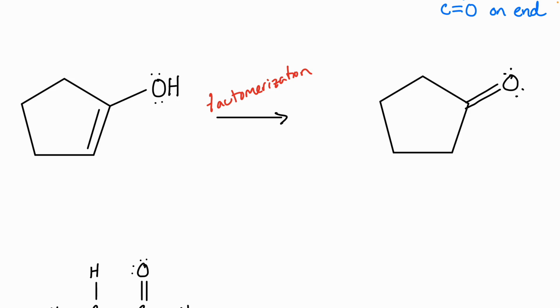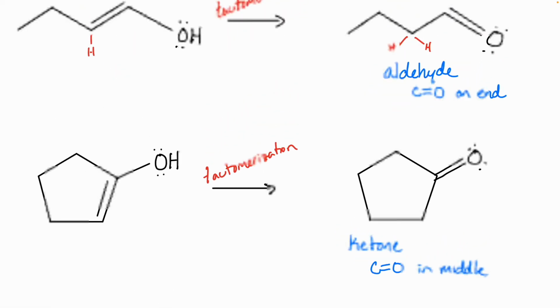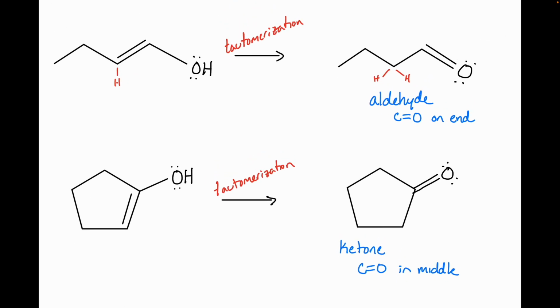Not an aldehyde, because it's not on the end of the molecule. This one is a ketone. Ketones have carbon-oxygen double bonds in the middle of the molecule. So that's why we said these tautomerization reactions will produce either an aldehyde or a ketone, depending on whether that hydroxyl group is on the very end of the molecule or sitting in the middle of the molecule.